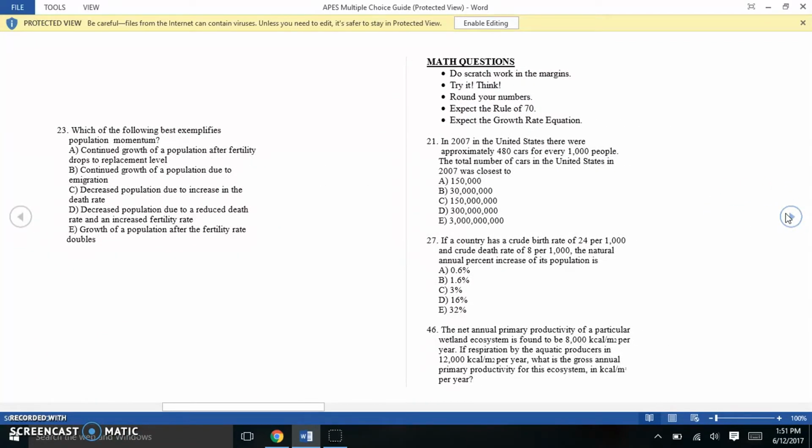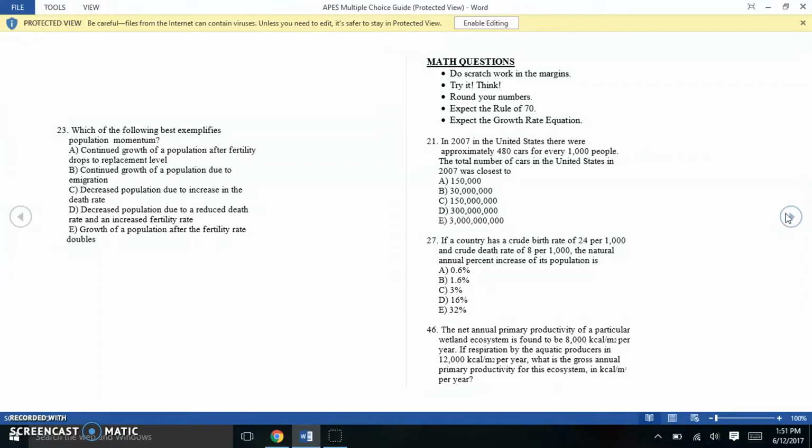Number 23, which of the following best exemplifies population momentum? And then you have five multiple choice answers, and you would break that down and try to figure out the best answer. Now, these last two questions that you saw, look at them. If you know one is wrong, mark it out. That lowers your numbers of trying to figure out which one is right.